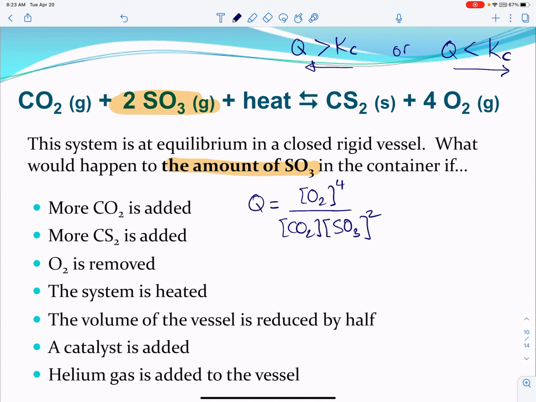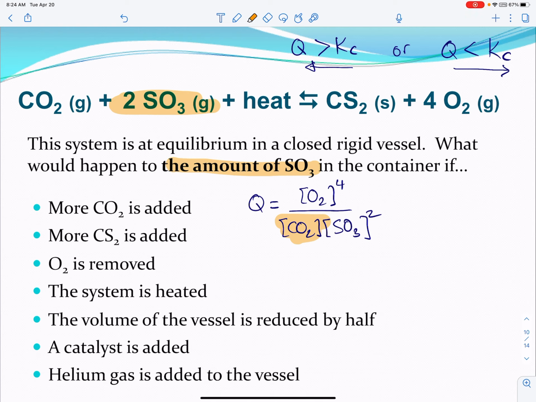So write that first one down for yourself. We're going to add some carbon dioxide to the container, to the vessel. So look at your expression for Q. If you're adding carbon dioxide, you might want to jot down what I'm saying here, then the concentration of carbon dioxide increases. That's the first thing I would note.